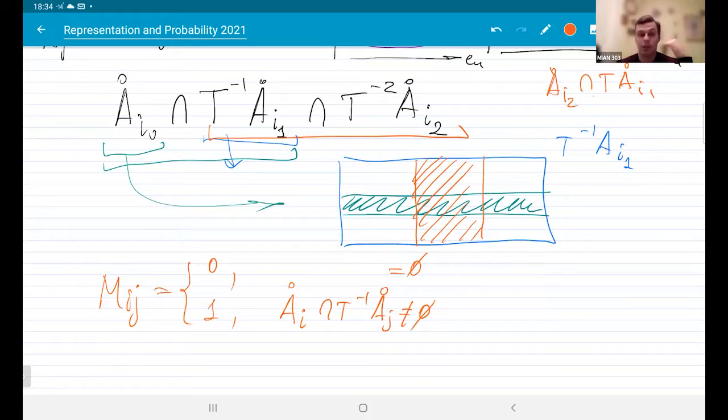And if Mi naught equals 0, then the whole intersection is empty. So let us assume that this equals 1, and let us also assume that this equals 1, because otherwise, again, the intersection is empty. And in this case, we have the following: that this intersection is this.